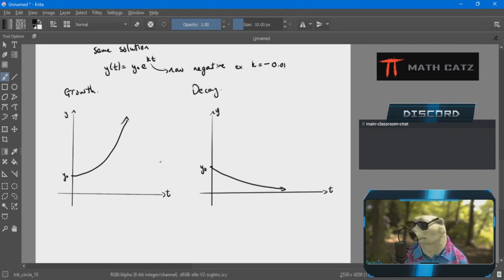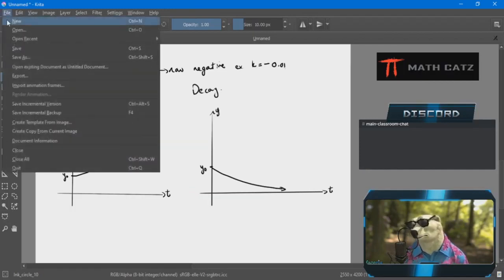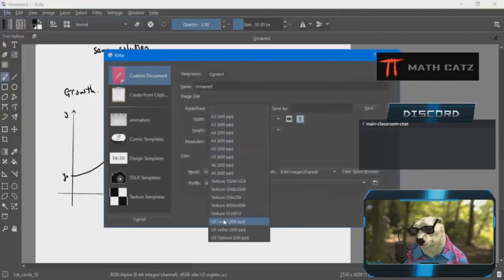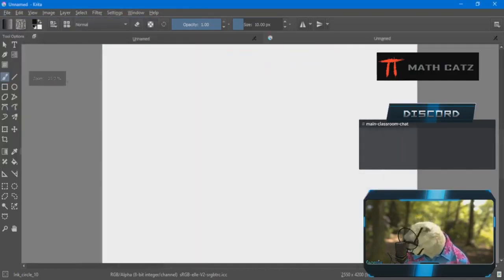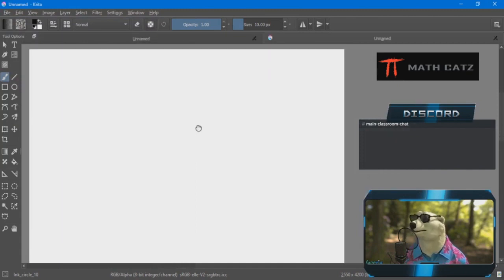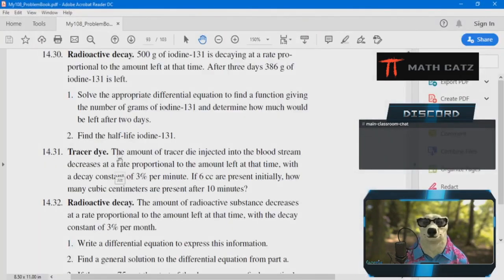So let's look at some examples to see how this is going to look in a practical problem. So the first one I want to do is 14.30.